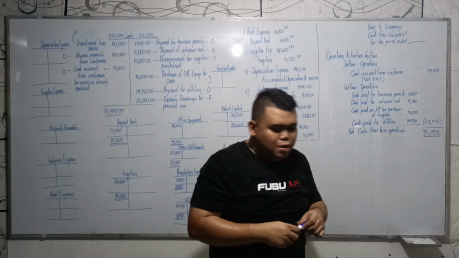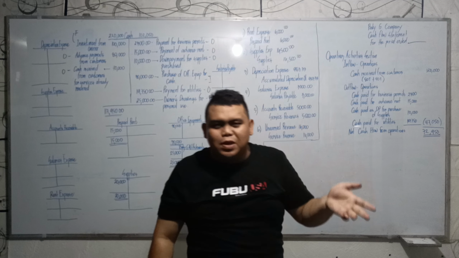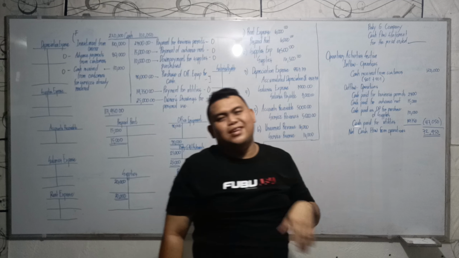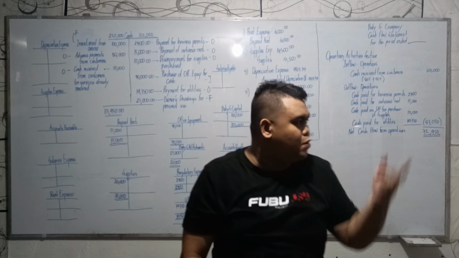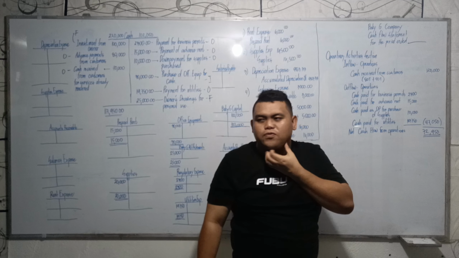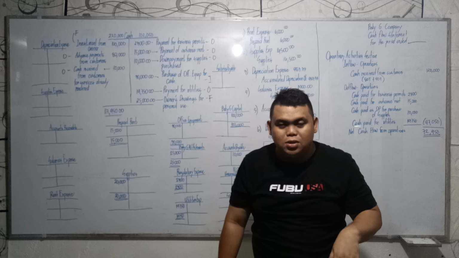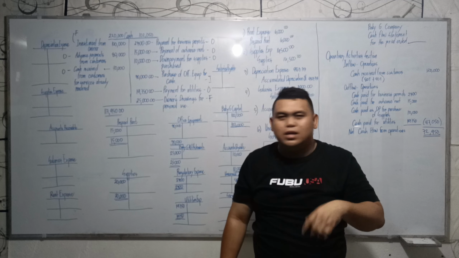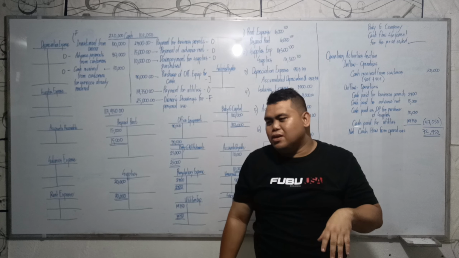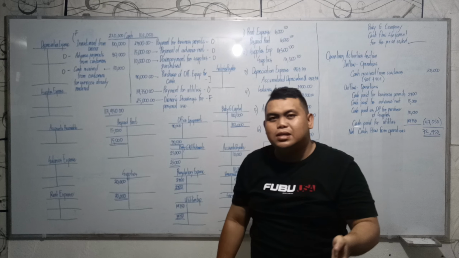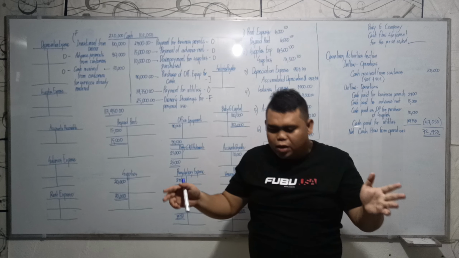Because sometimes, even if there is a profit on the income statement, actually the business is cash poor. Like for example, most of the revenues of the company is on account, meaning the customers are not paying. Okay? So you have already given your services or goods. So you have a lot of accounts receivable.